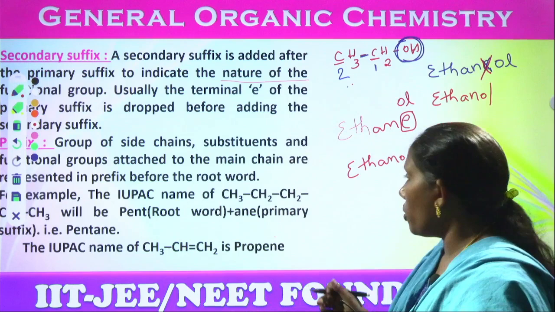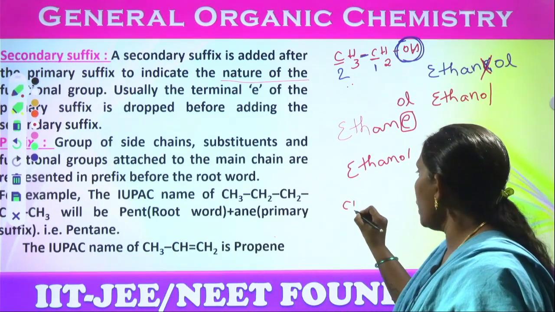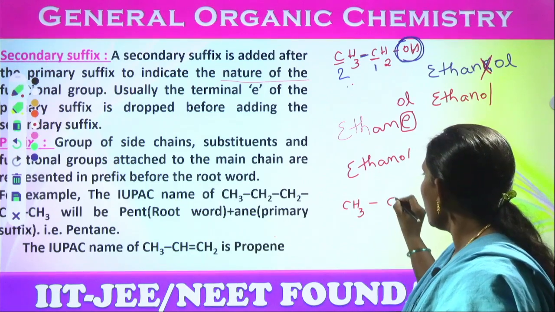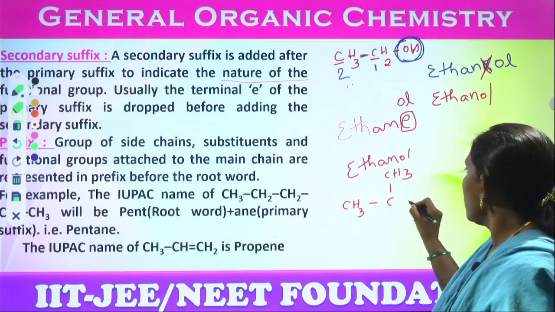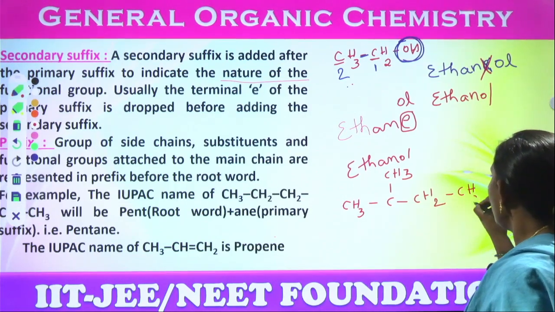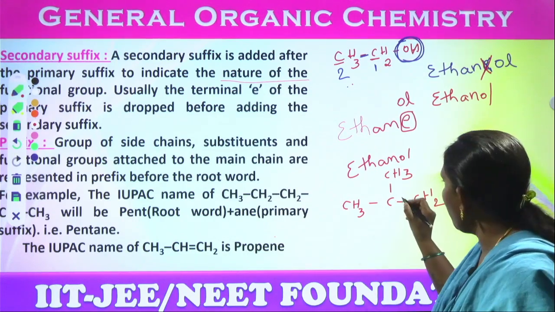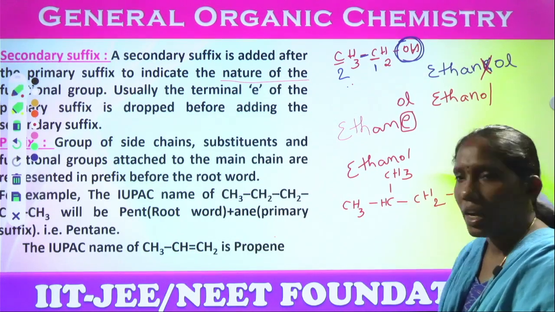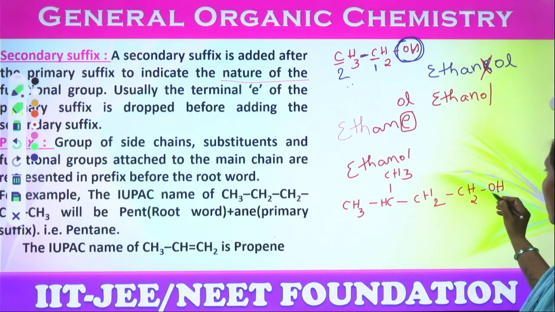See, suppose I take one compound here: CH3, CH3, CH2, CH2, OH. For this carbon, one more hydrogen should be written. If you observe this, you have to give the numbering from the functional group.